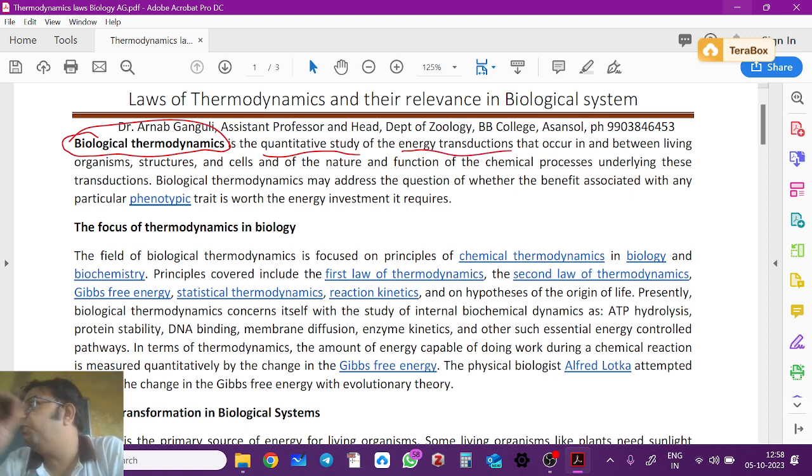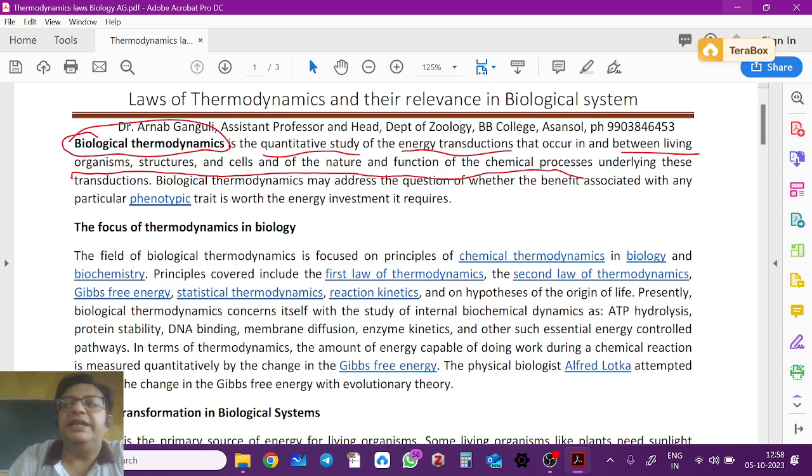It's transmitted from one place to another place. That occurs between living organisms, structures, cells, and the nature and function of the chemical processes underlying these transductions. So basically, in biological terms, between organisms, what energy you release to the environment, to nature outside, or what energy you give to other organisms to feed on you.